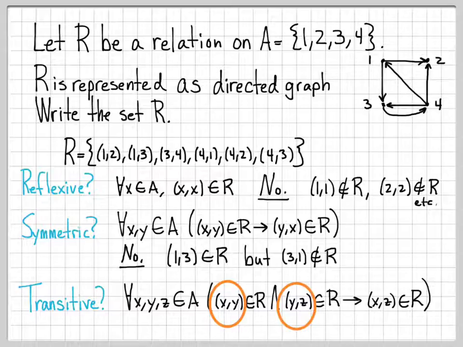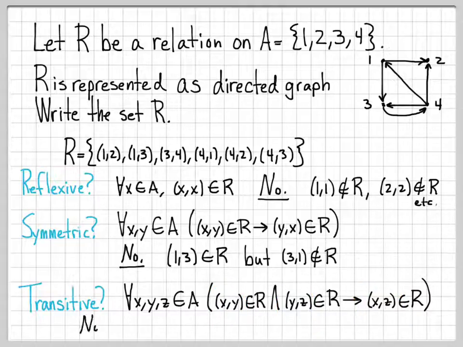So they both match on that y dimension. For any pair of elements x, y and y, z that I can find in R, the outer coordinates, x and z, had better be an element of R. So that's what you do to figure out if a relation is transitive. You find everything that pairs up, and then those outer coordinates had better be an element of R.